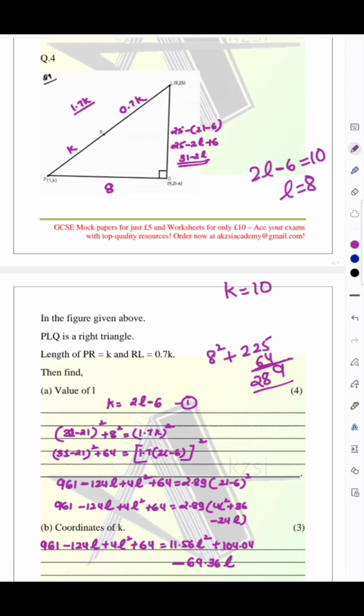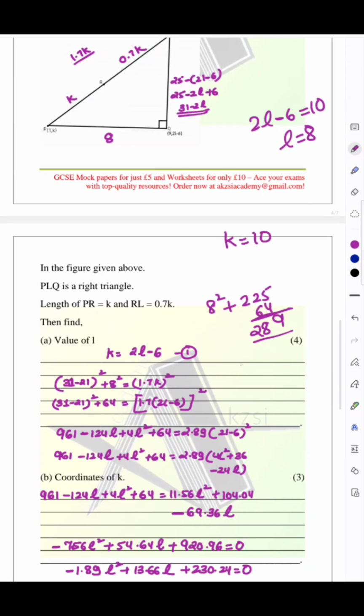We can put the value. Let me check if we can get the answer. Okay, so k will be negative 8 times 2 minus 6. This will give you an entirely negative answer. So if you're getting an entirely negative answer, obviously we can't use negative 8 in this case.